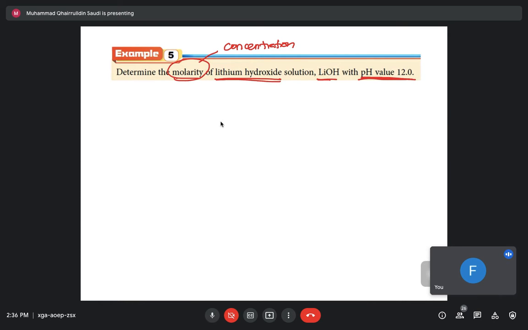So sekarang ni dia nak concentration. pH sama dengan negative log H plus, hydrogen ion. pOH sama dengan negative log hydroxide ions.